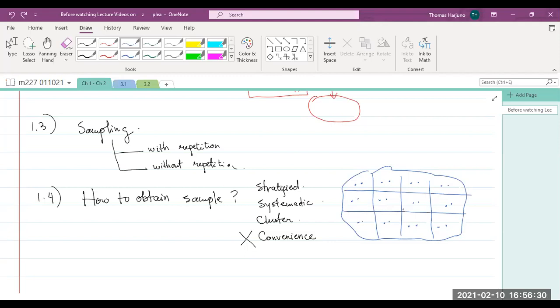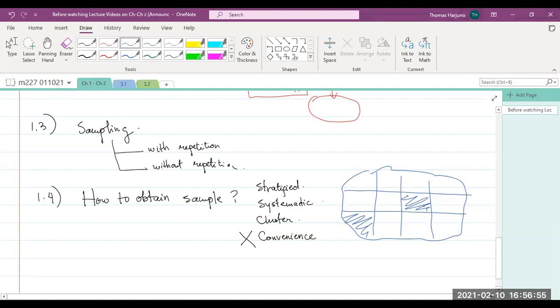So instead of choosing 2 from each class, I separate them into classes, and then I say, I want to ask everybody from here and everybody from here.